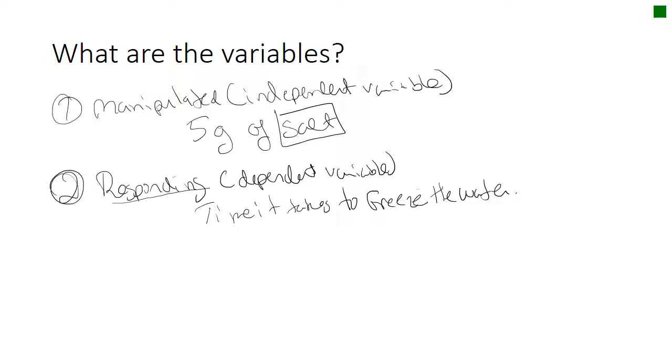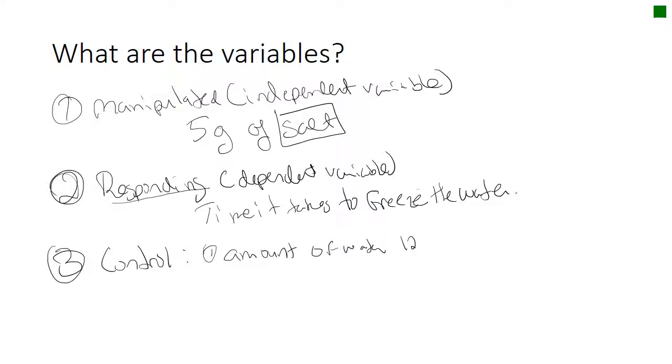That's manipulated, that's responding, and control is a little bit tricky. So our controlled variable, we have to ask ourselves, what can also affect whether something freezes or not? So I challenge you to come up with at least 2 to 3. Okay, so 1 definitely is the amount of water. We would suspect that the more water there is, the longer it would take to freeze. So we have to make sure that the amount of water is the same, and we did that.